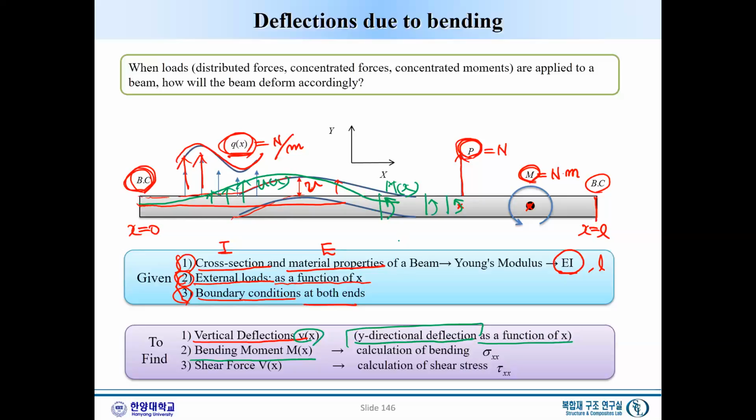Once we have the bending moment M at x, we can calculate the tensile stress sigma. If this beam consists of only one material, it is the moment divided by I times y, with a minus sign. That is the bending stress at x and along y. And another one is the shear force. Shear force is not so important at this point, but we can also calculate it.